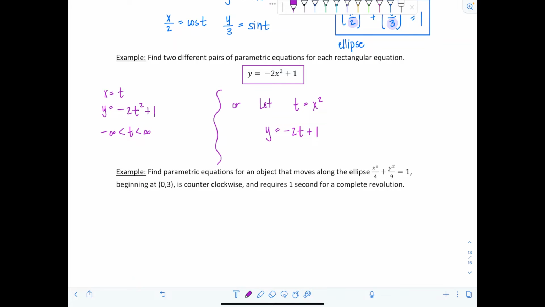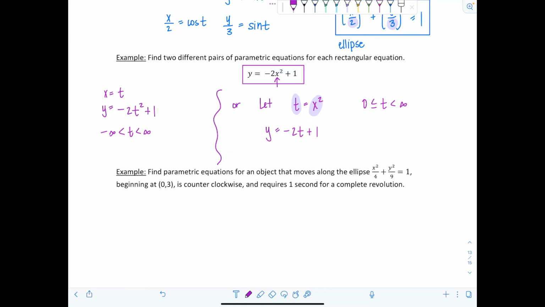Now this would give you back the same rectangular equation, but it would not yield the same graph, because notice t, since it's equal to x squared, is never going to be negative. So t is always going to be greater than or equal to 0. And so you wouldn't get the full parabola's graph because you wouldn't be plugging in any of the negative values for x. Okay, you'd only get the right half of the graph.